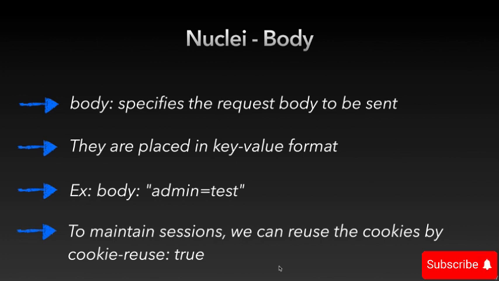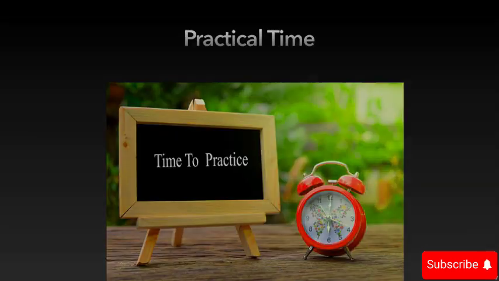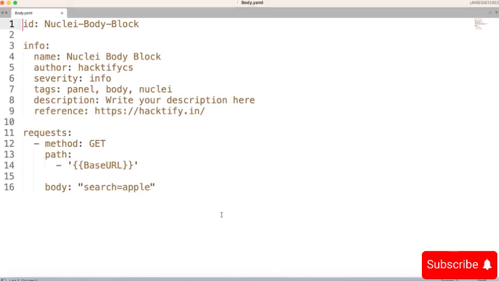Also, to maintain sessions, we can reuse the cookies by supplying cookie-reuse as true into your template. So let's jump to the practical and see how we can do it. I have written a body.yml template that we can read, which contains an ID block, which is nuclei-body-block, information, as we can see over here, and the request, which says a GET request should be sent of HTTP method type.